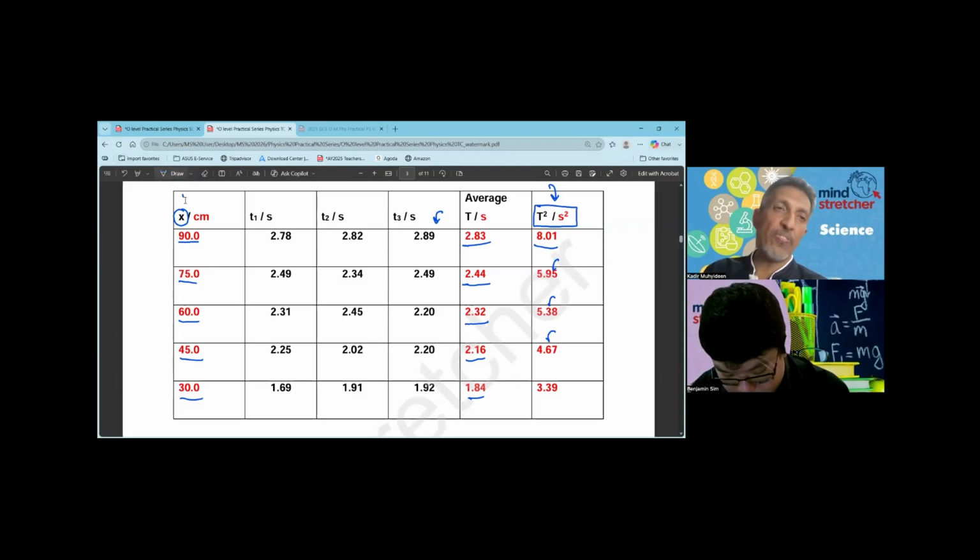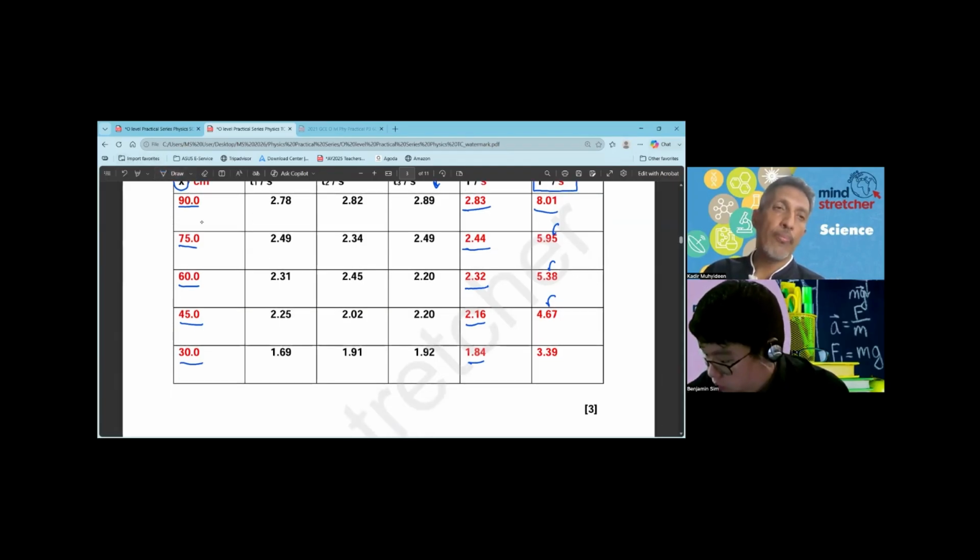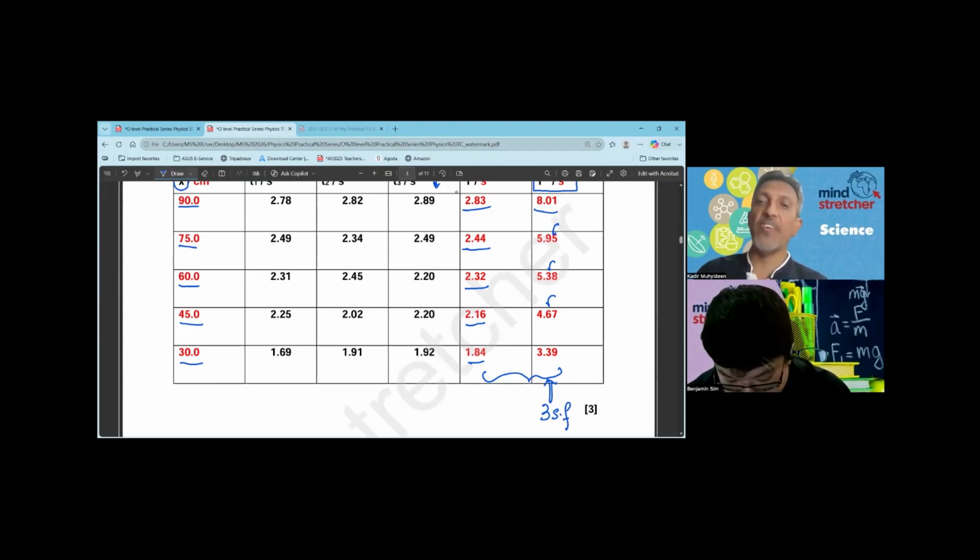So these are processed values, and the processed values are given to 3 SF, especially this column here. And you can think of the average value as something that must follow the same DP as the raw data.